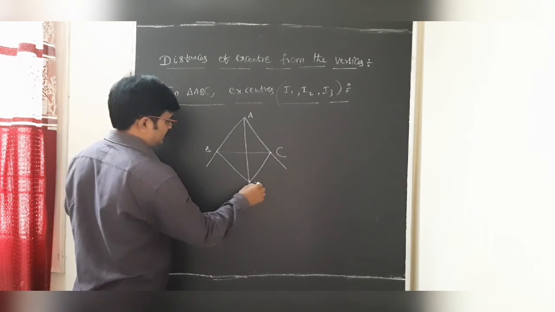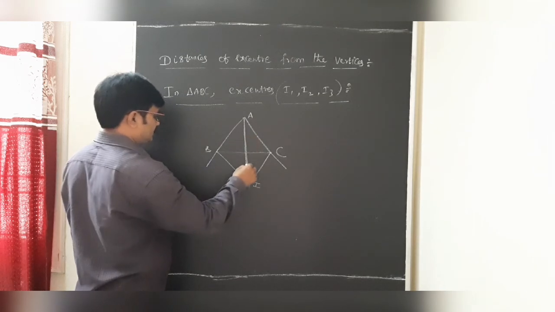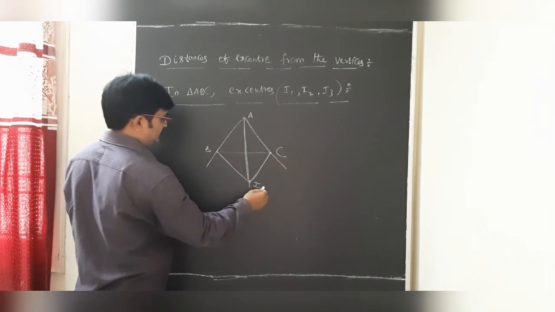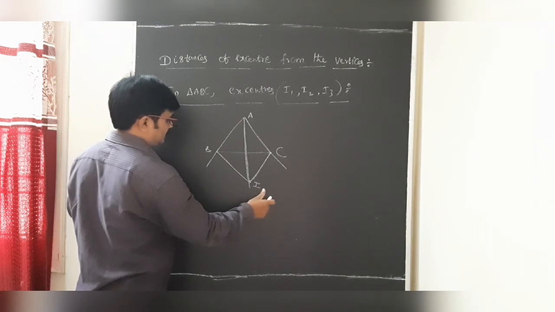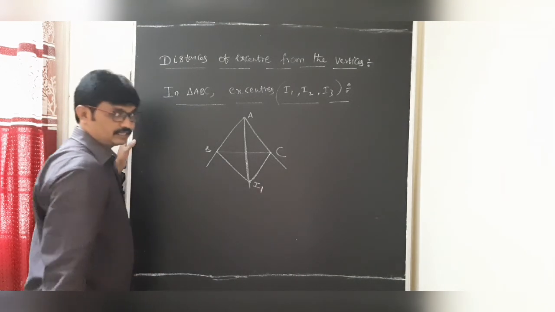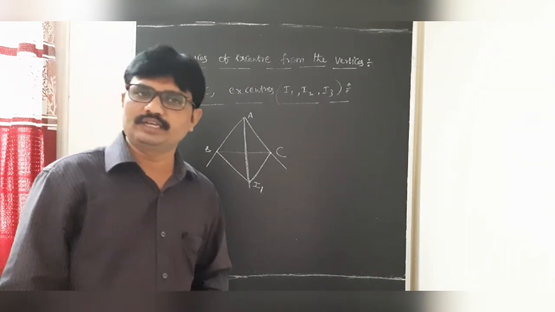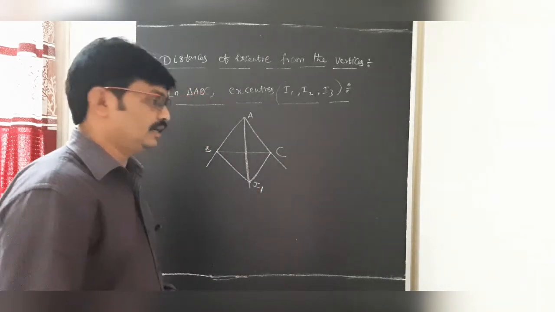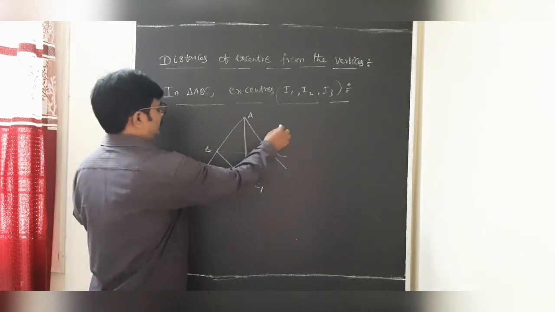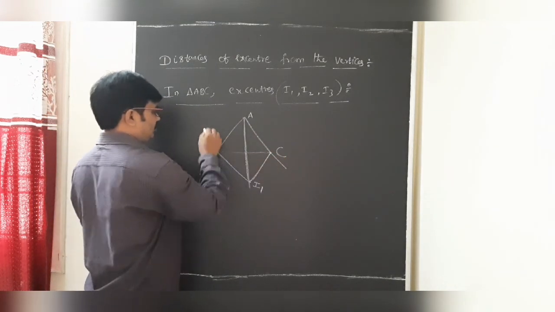The point of intersection of one internal angular bisector and two external angular bisectors is called an excenter. A triangle has three excenters: I1, I2 and I3. I1 is opposite to A, I2 is opposite to B, and I3 is opposite to C.